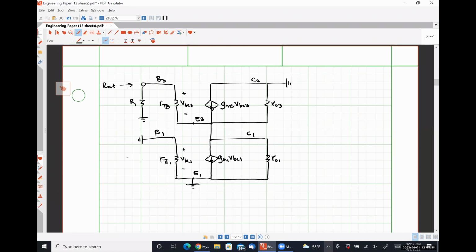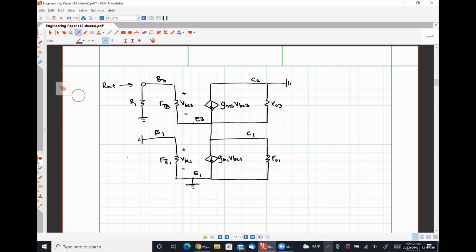Okey dokey. So really, we could have just left it alone and then put whatever we found in parallel with R1 and called it a day.